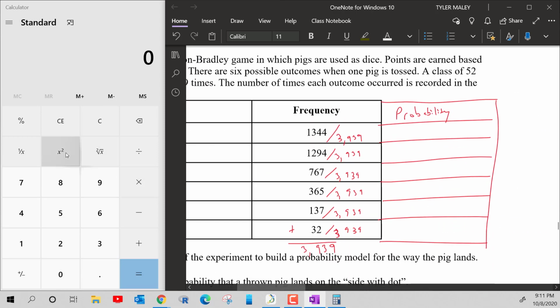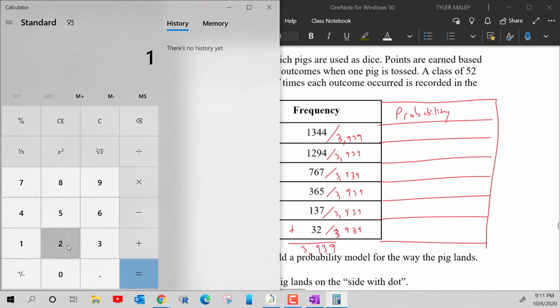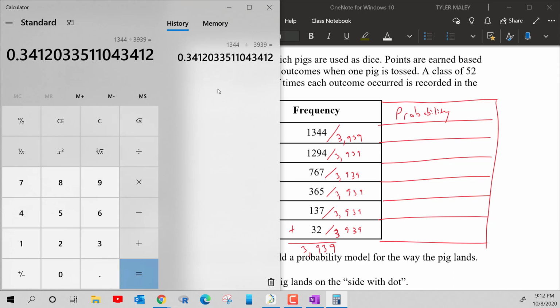If I take 1,344 divided by 3,939, I get that relative frequency for that event happening.